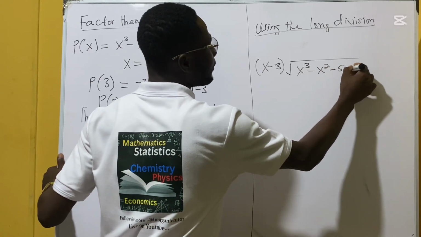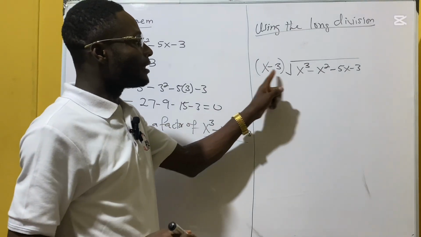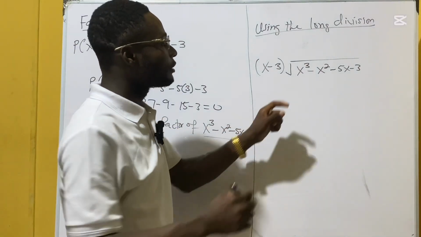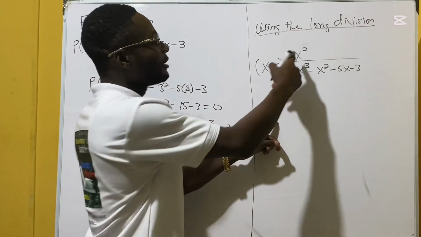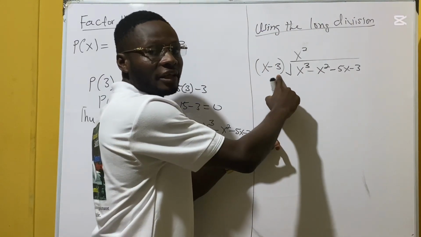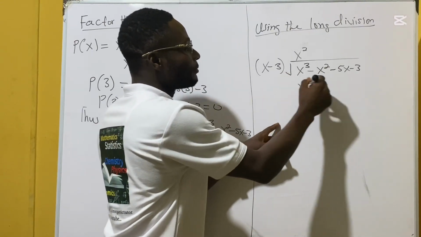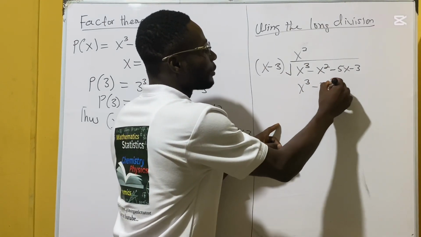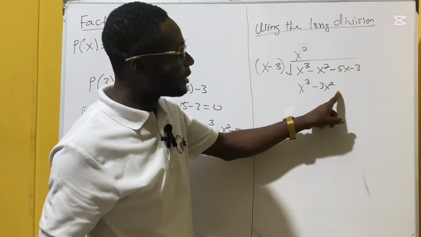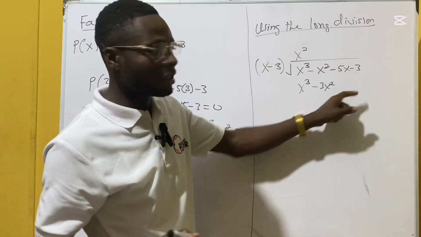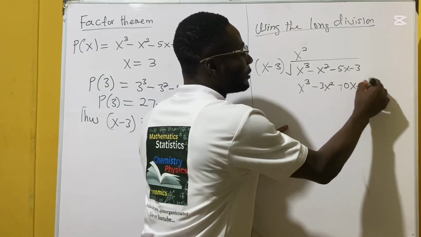minus 5x minus 3. So here, x divides x cubed, and we have x squared. Then this result multiplies everything here. So we have x cubed, then this times this becomes minus 3x squared. Over here, we don't have any x term and we don't have any constant, so we say plus 0x plus 0.